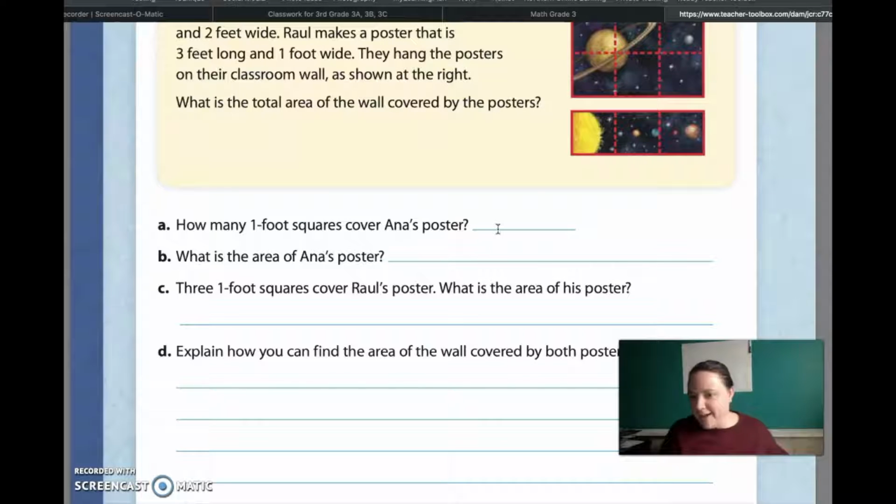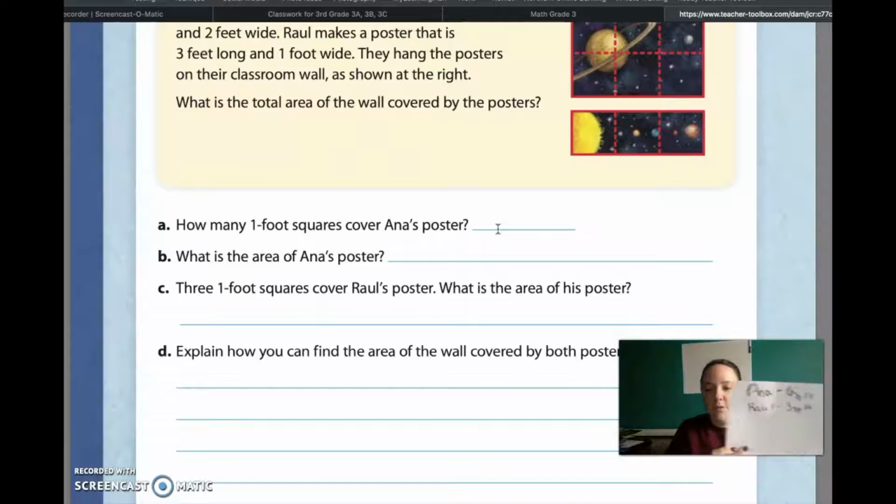I guess her name could be Anna too, whatever you guys prefer. Her area is 6 square feet. Like that. Then we have Raul, whose is 3 square feet.